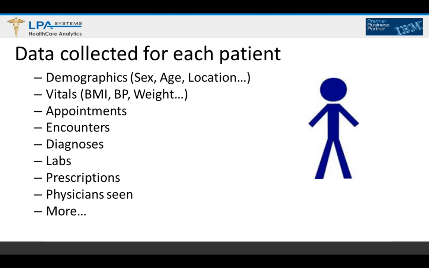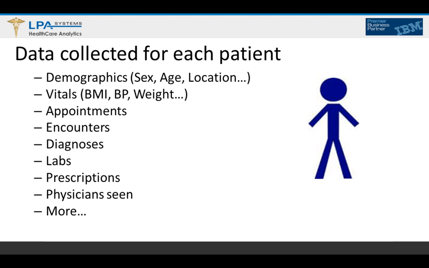Okay, so some of the data, to give you an idea of what type of data we collect. Obviously, there's a lot of demographic information, so sex, gender, age, location, race, ethnicity, etc. We also collect vitals. So, for each encounter, what are the different vitals? The BMI, BP, etc. We track appointments, so we can see who's coming in, when they're coming in, all those kind of good things.